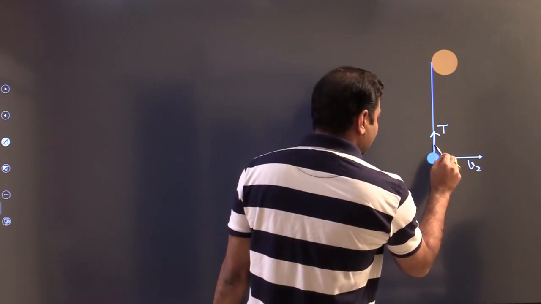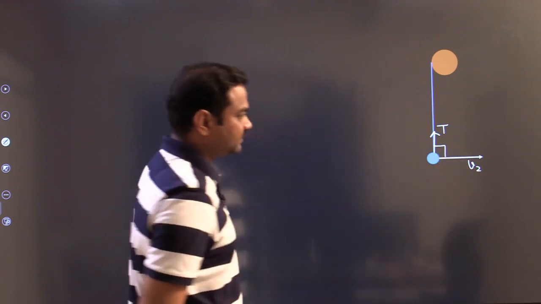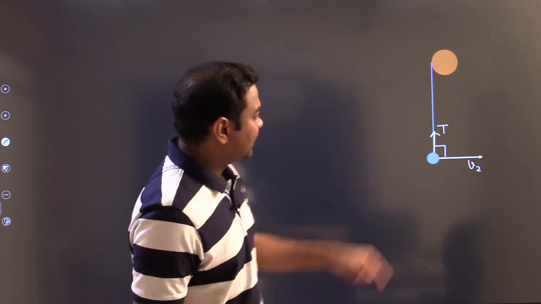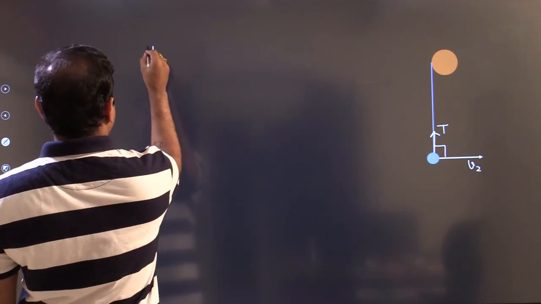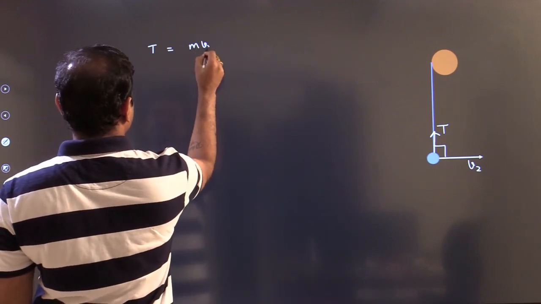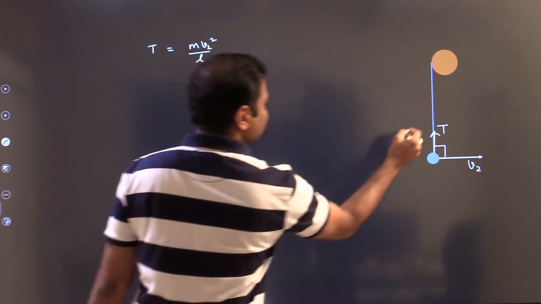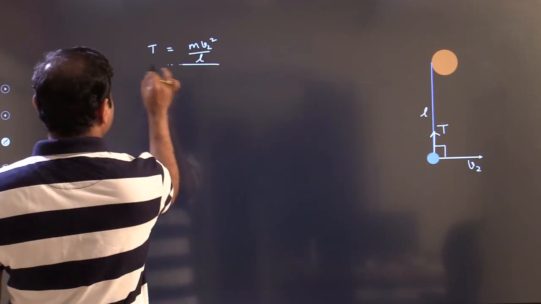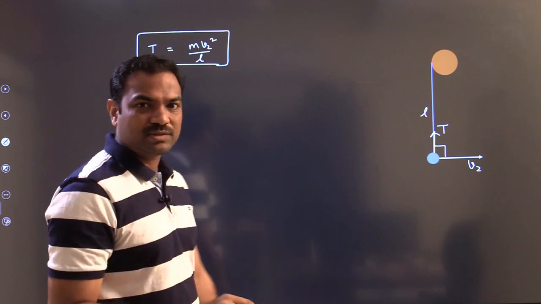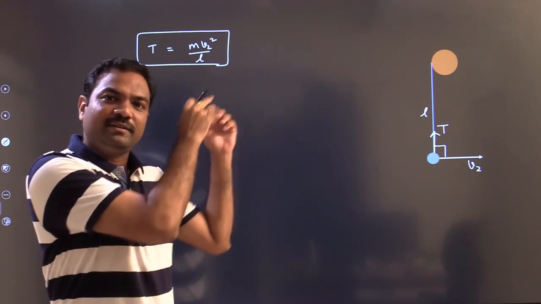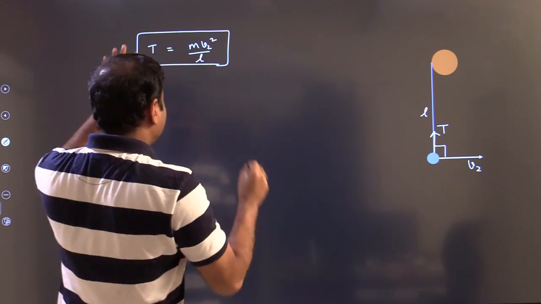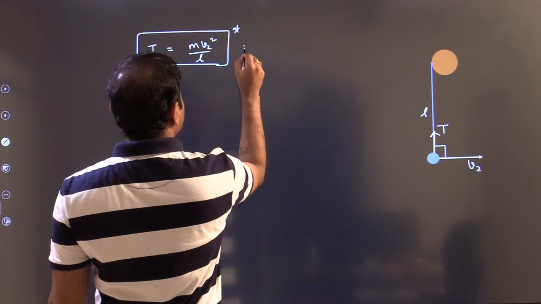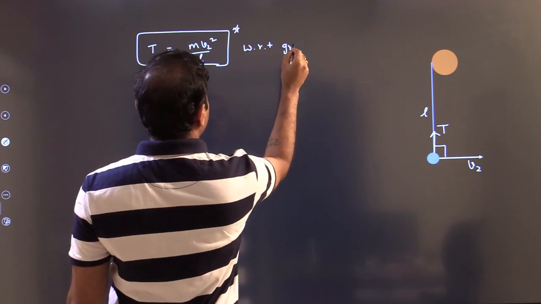If it is having the perpendicular velocity, so can I write T is equal to mv2 square by L, if L is the length of the wire? Can we write down like this? This is the one place where students will make the mistake, like they directly write down in this way. But if you are writing like this, this has to be with respect to ground.